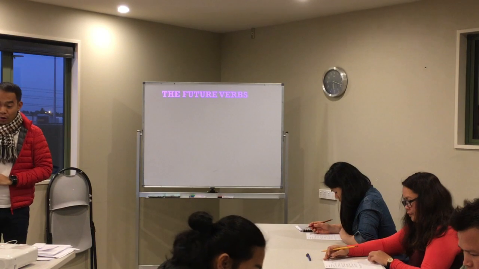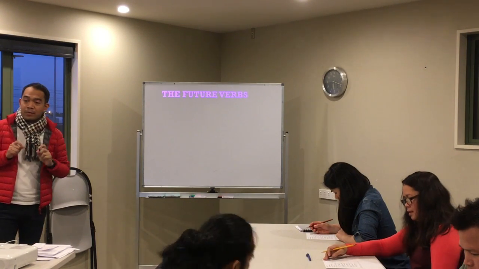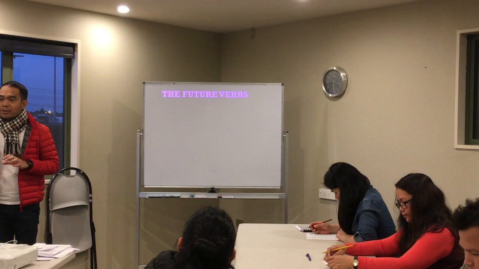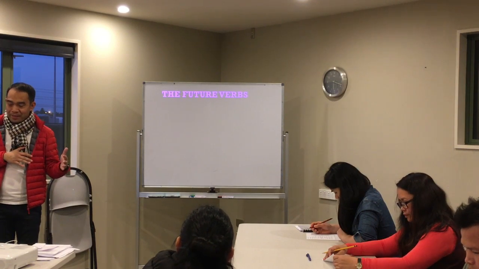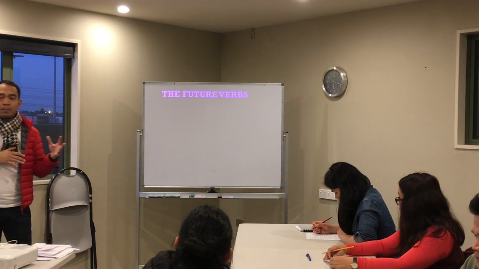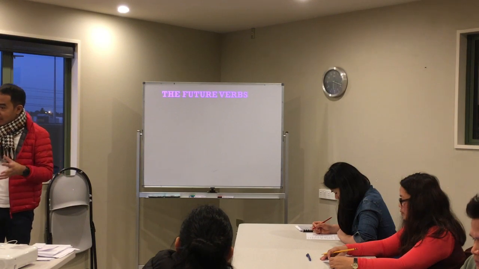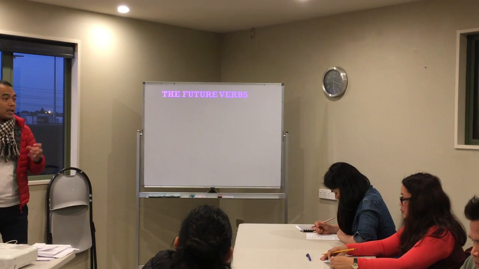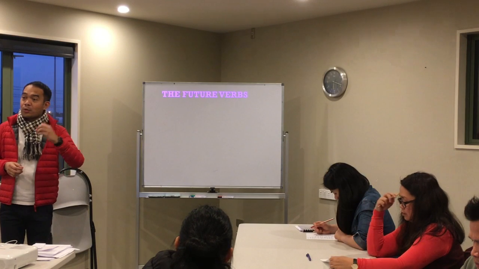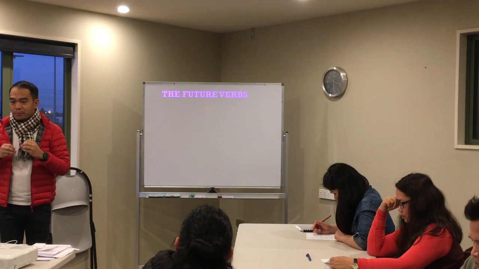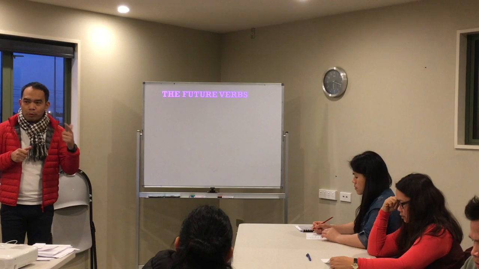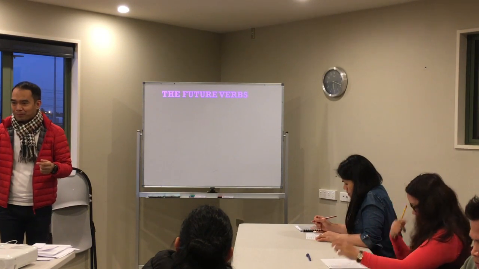Because unlike the present and the past verbs, we don't consider the number of the subjects. If you can recall, in the present tense, we say is or are. In the past verbs, we also say was or were. But in the future verb tense, whether it's singular or plural, it's the same all throughout.